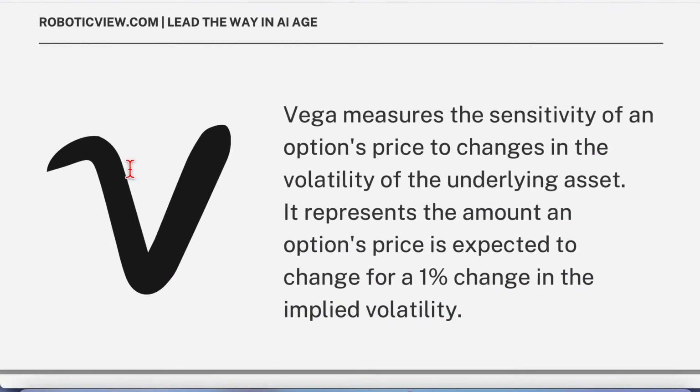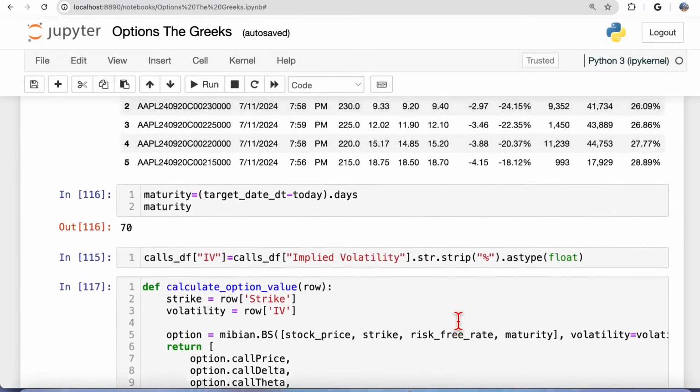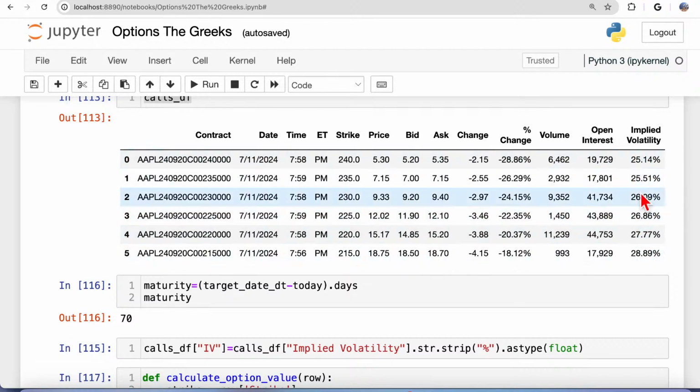And two more. Here we got vega, which measures the sensitivity of an option price to changes in volatility. So let me show you what I mean by that. Remember, here we got implied volatility, and we want to know what will happen to the price of that contract if volatility changes. And keep in mind, volatility changes pretty much every day, because stocks might go down and, as you could hear on TV, people say, hey, the market is volatile.